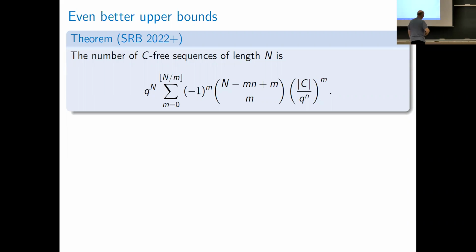And I've pulled out a factor of q^N. So if you ignore that first factor, that's just the proportion of C-free sequences that there must be. And the point is, though, that if the size of the code is too big, this ends up negative.